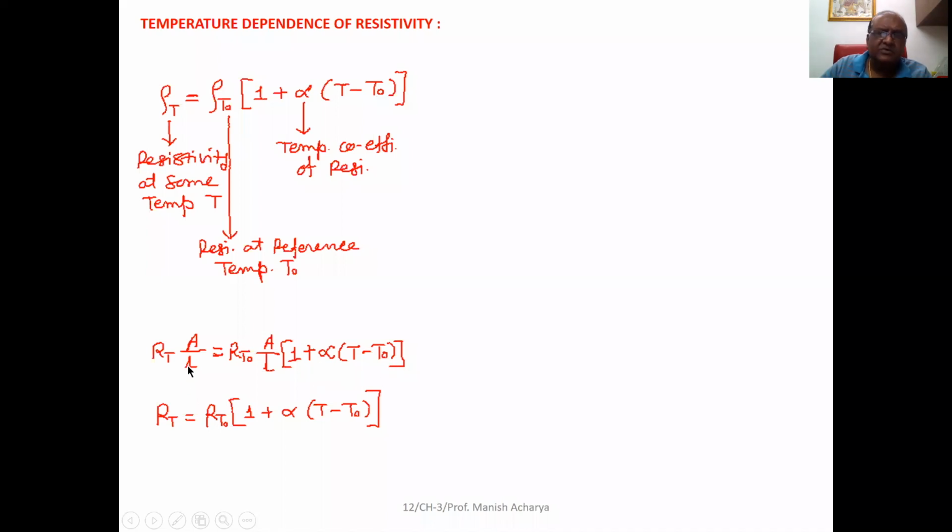A by L cancels. So resistance at any temperature T is equal to resistance at reference temperature T0 into 1 plus alpha T minus T0. Clear to all of you?